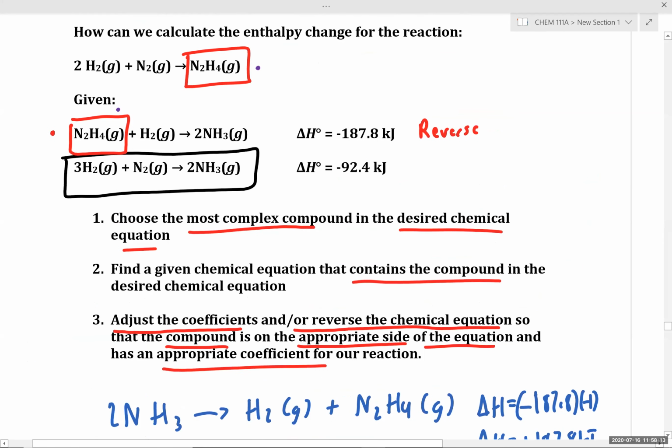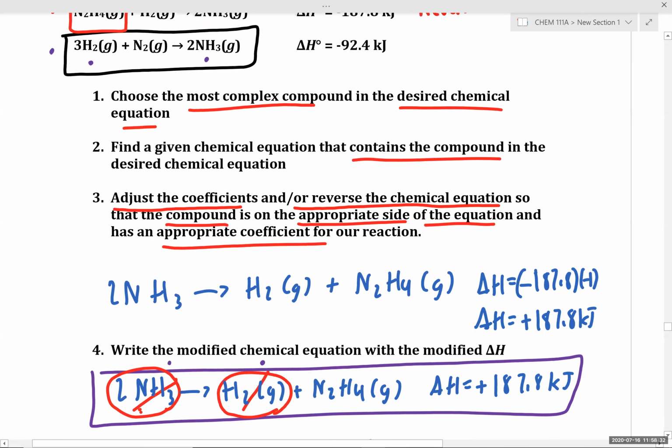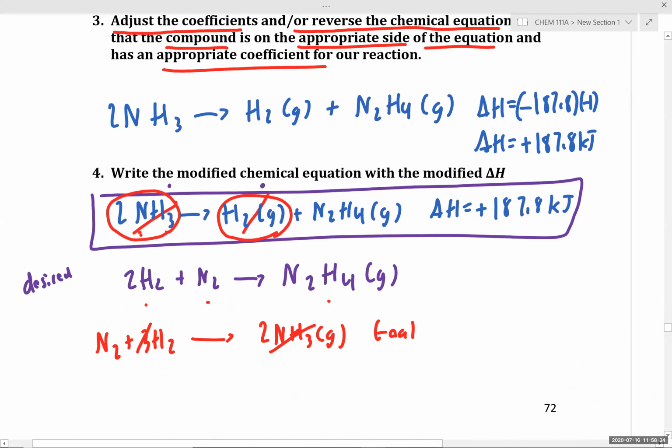So we went up and we found another equation that had ammonia and hydrogen, and we modified this equation. So ammonia and hydrogen are on the side opposite, so that when we add our equations together, the ammonia and the hydrogen cancels. Notice how if the ammonia is on the opposite side, when we add our equations together, they cancel.